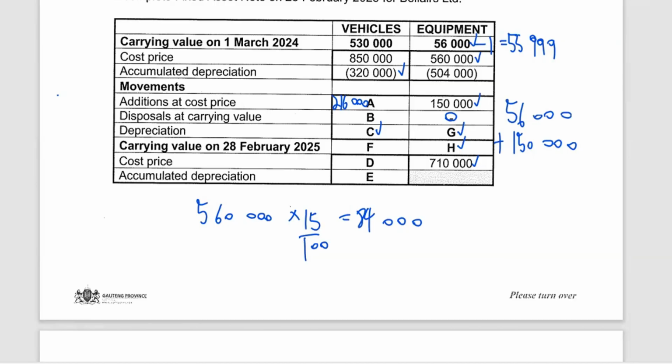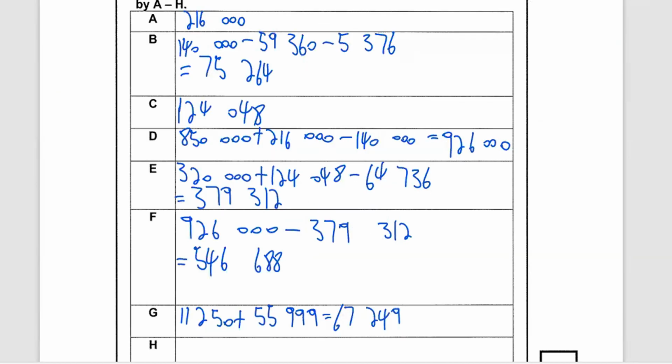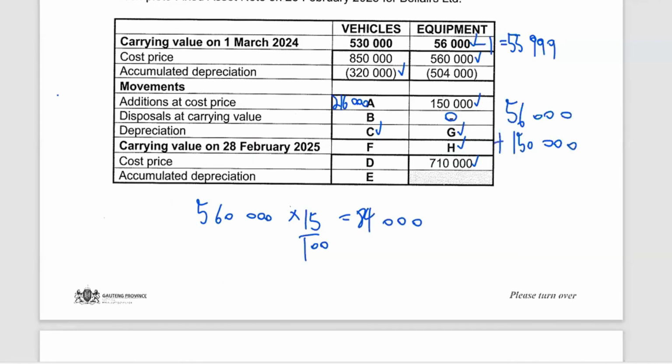Then minus our total depreciation that you have already calculated, which is 67,249.